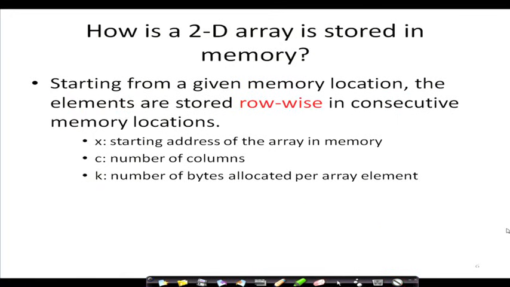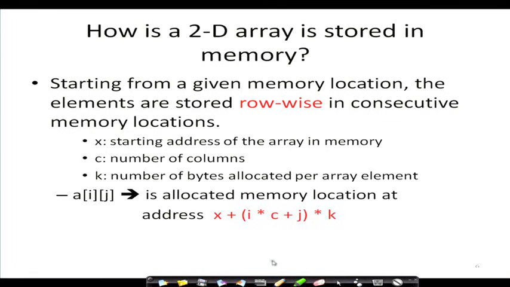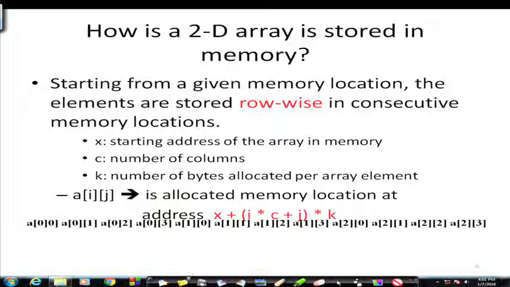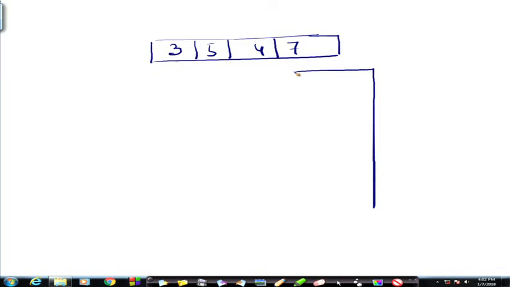So, how is a two dimensional array stored in memory? We know that a one dimensional array is stored in contiguous memory locations. Just for the sake of recalling, if I have a one dimensional array, say 3, 5, 4, 7, they are mapped to the actual memory.